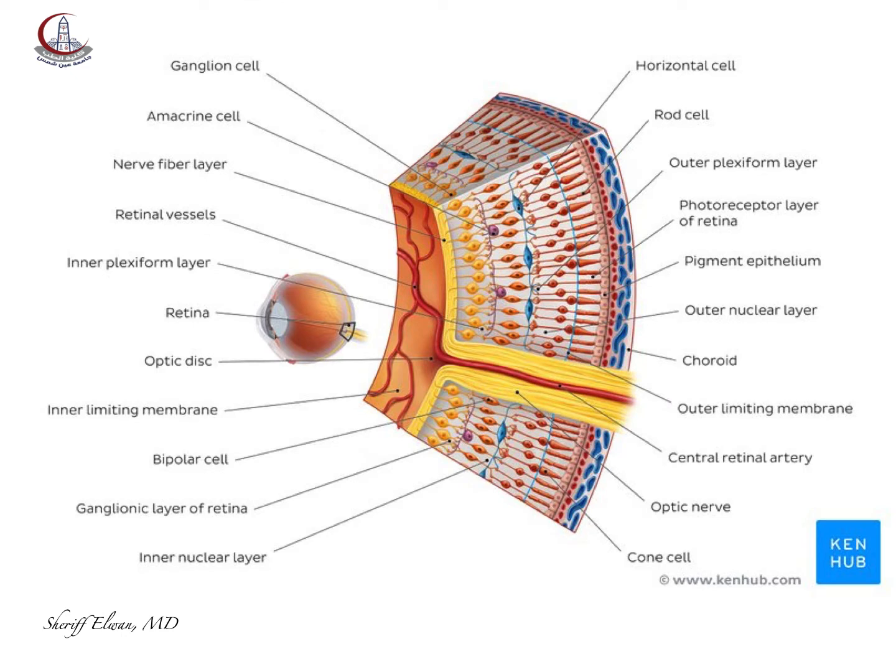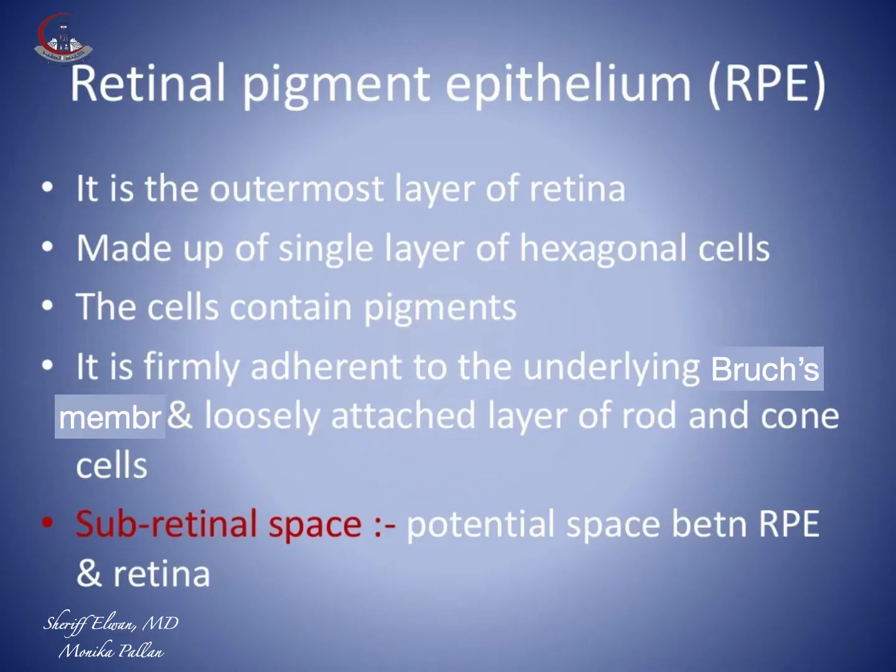Here is the innermost layer, where you can see the nerve fiber layer and the internal limiting membrane. And here is the outermost layer, which is the layer of rods and cones, and finally the retinal pigment epithelium.